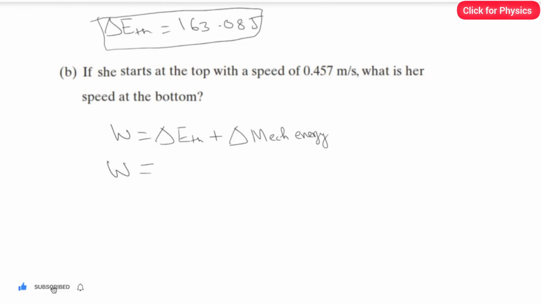So W is equal to change in thermal energy, which we already got in the first part, 163.08, plus change in kinetic energy plus change in potential energy.